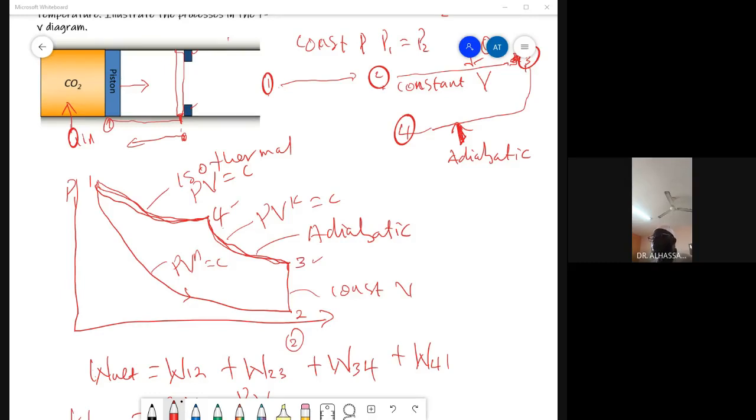Let me see. I made a mistake somewhere. I should have determined the value for V4 after I got the value for P3.